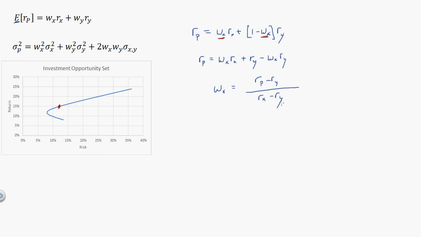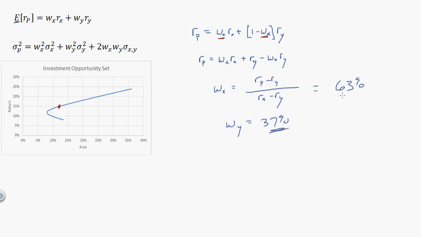So I know the return of X, return of Y, I know the return on the portfolio. The client says this is what I want. That gives me the weight of X. Let's just say that comes out to be 63%. Whatever the numbers are, if it comes out to be 63%, then the weight of Y is going to be 37%, right? It's going to be 1 minus that.